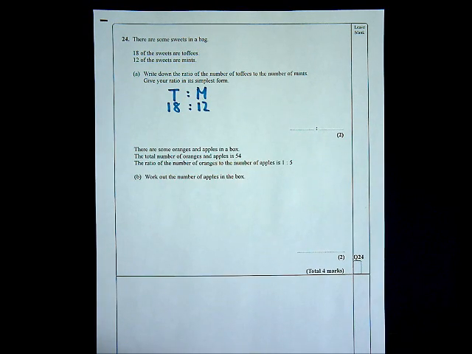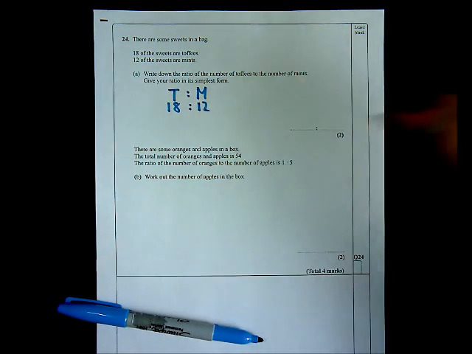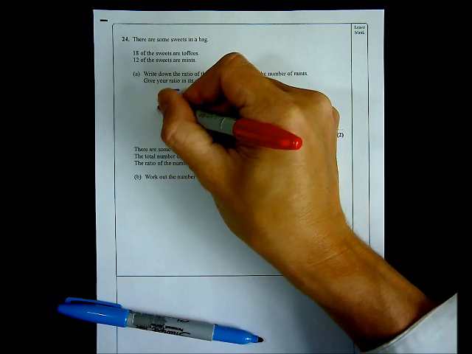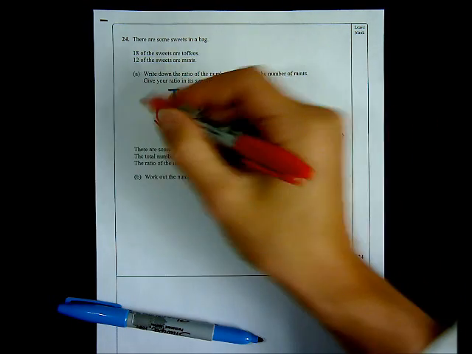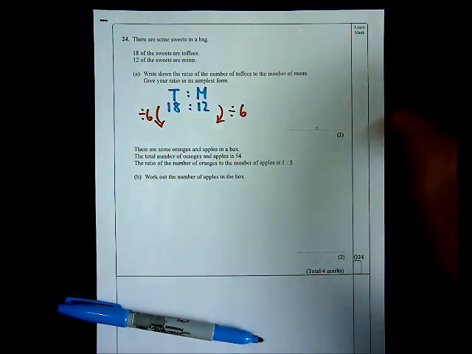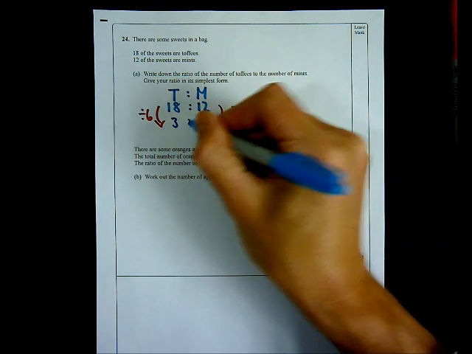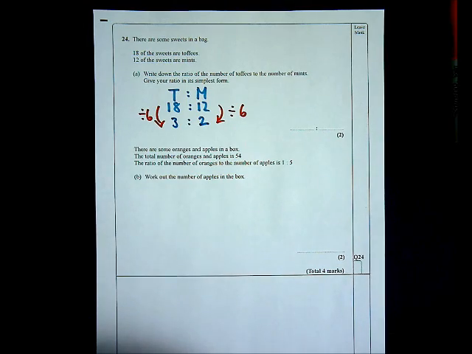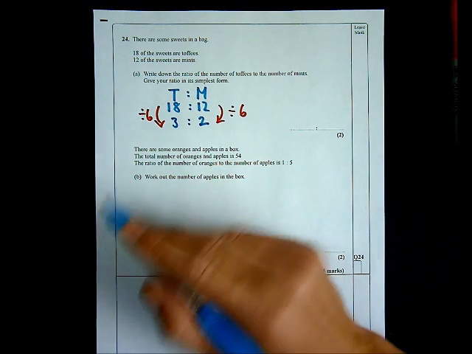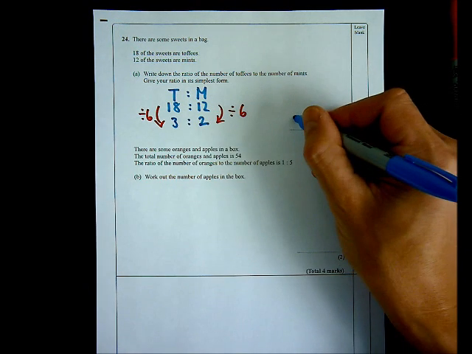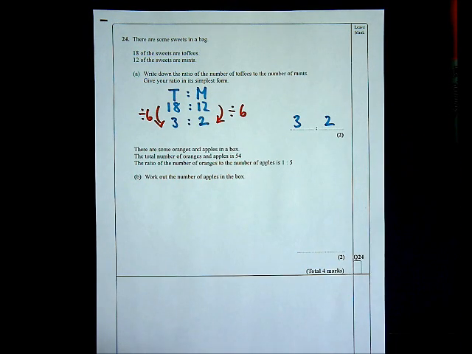I'm then told to give my ratio in its simplest form, and that is a case of trying to locate a times table which both 12 and 18 are in. I can see they're both in the 6 times table, so I can simplify this down to 3 and 2. I can't divide either of these numbers by the same number now, apart from 1, which would still leave me with 3 and 2, so that is it in its simplest form.